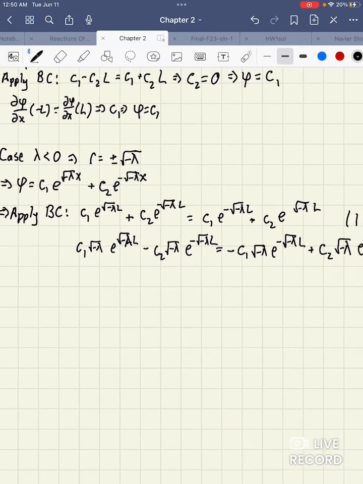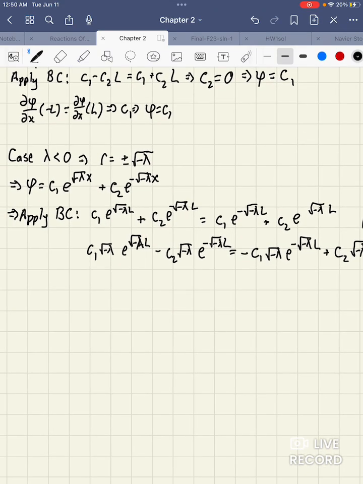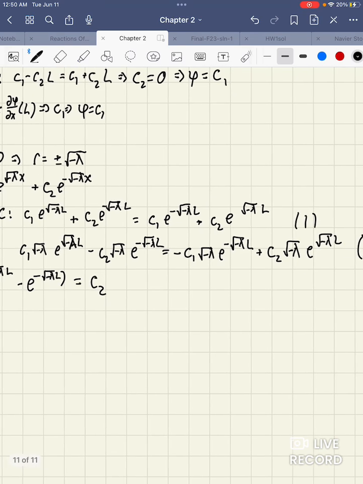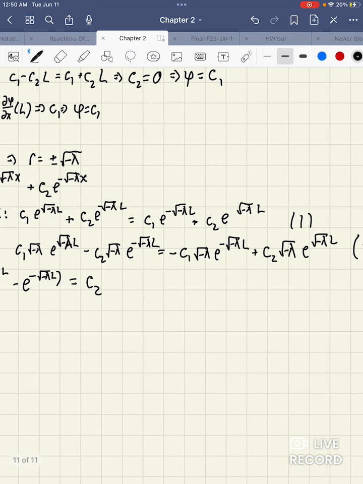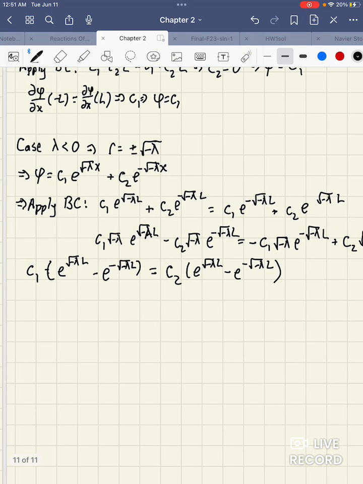In equation 1, if I separate that, c1 times e to the square root negative lambda L minus e to the negative square root negative lambda L is equal to c2 times the same expression.